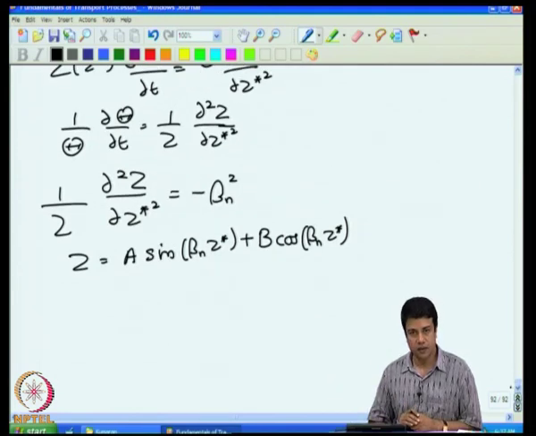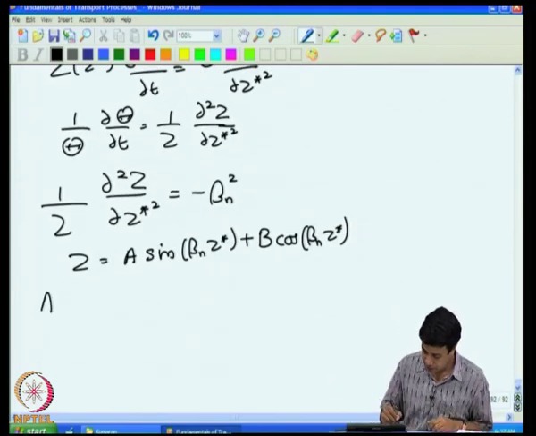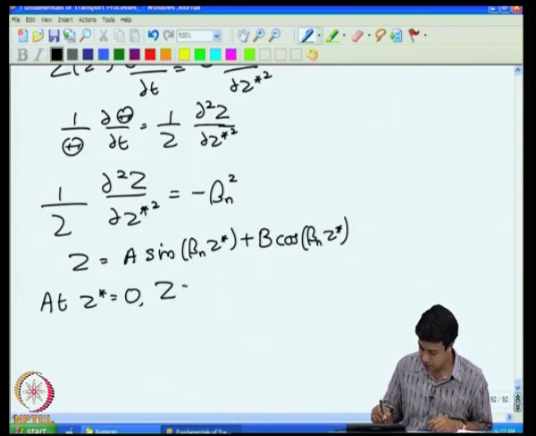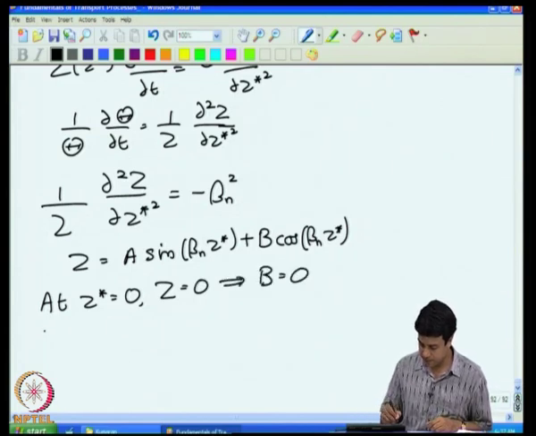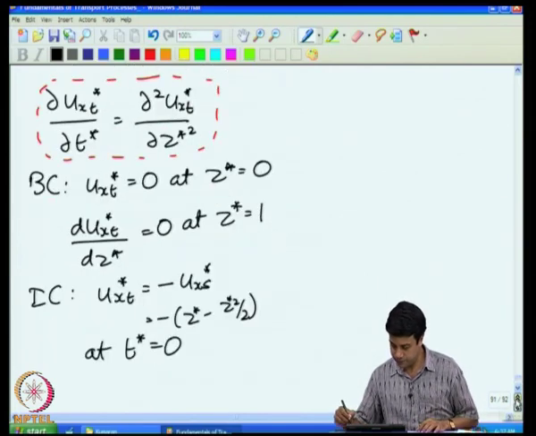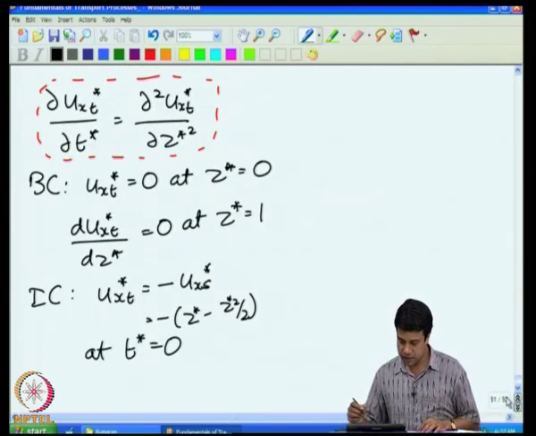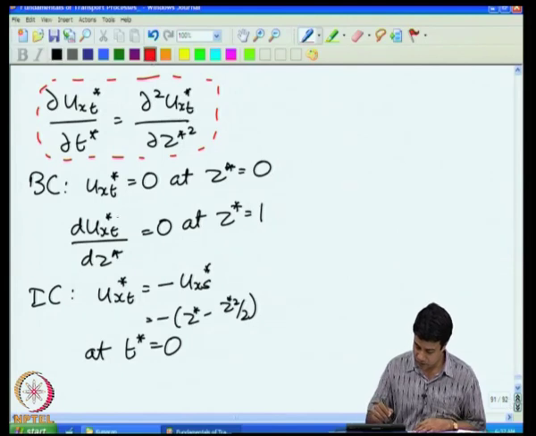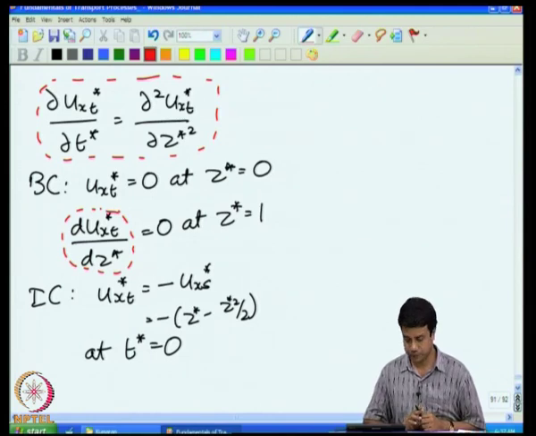And then I have the boundary conditions on the velocity at z is equal to 0, capital Z is equal to 0, which means that b is equal to 0. At z is equal to 1, I have the boundary condition dux transient by dz is equal to 0.